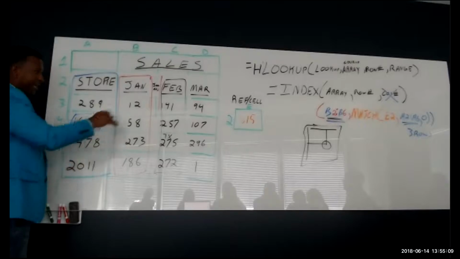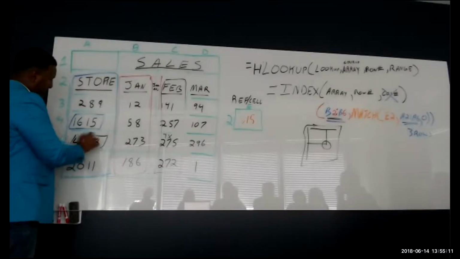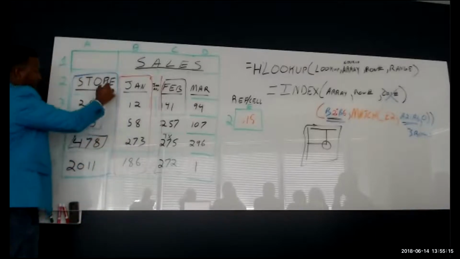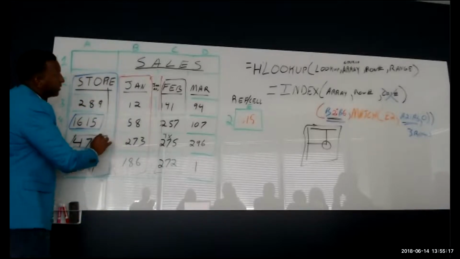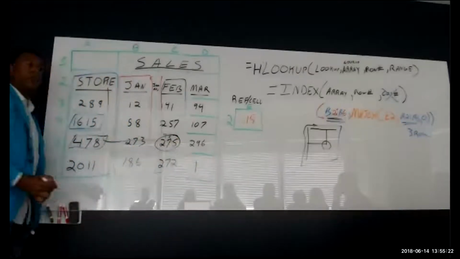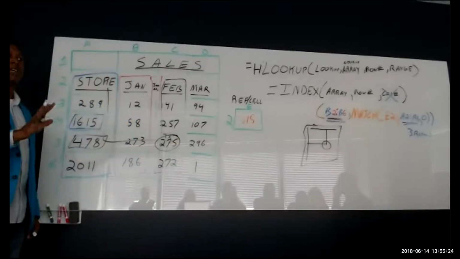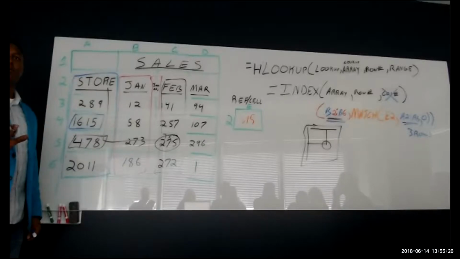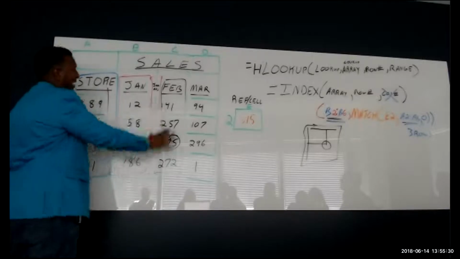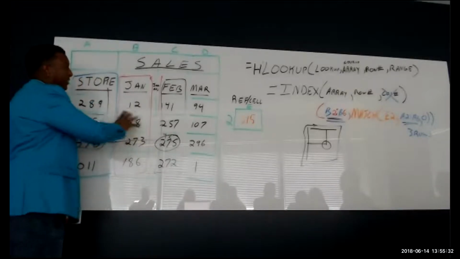I could type my reference cell in and say, all right, give me 478, give me February, and what the formula is going to do is find 478, and then it's going to find February and return the 275 without me ever having to count a row or a column. And I can use my reference cell of changing either dynamic I want to, and it'll give me everything that's within that box.